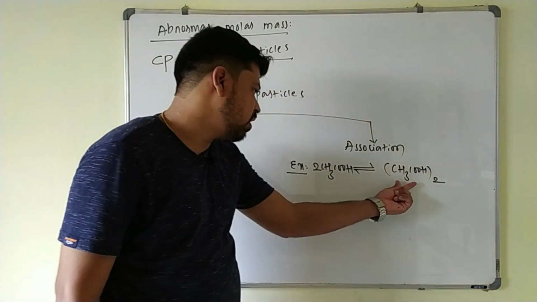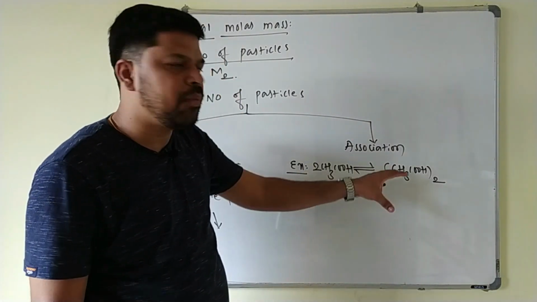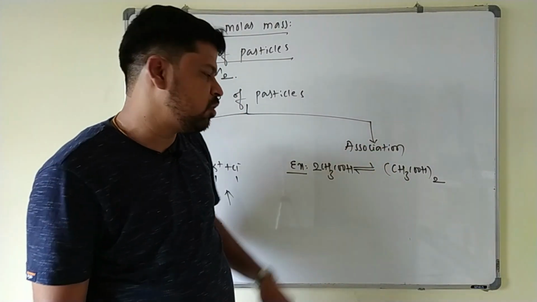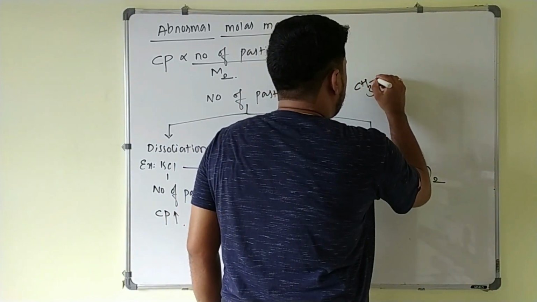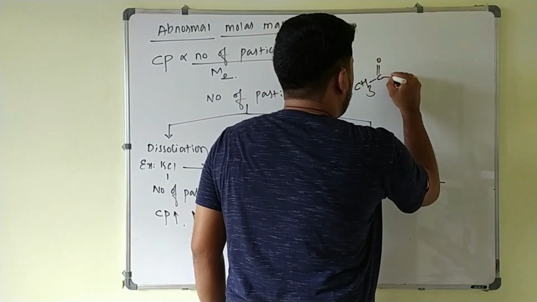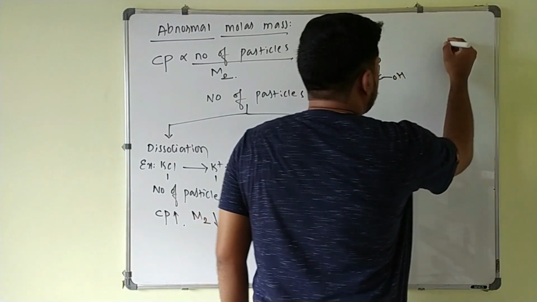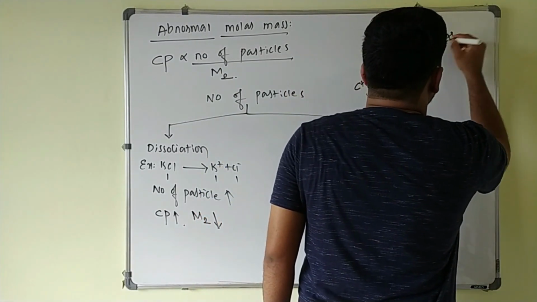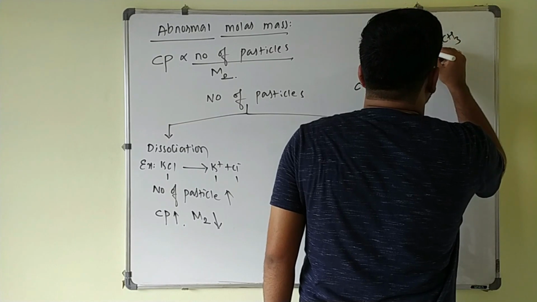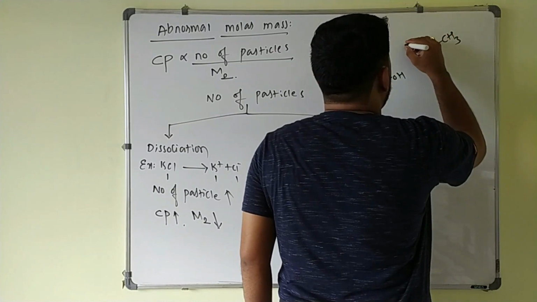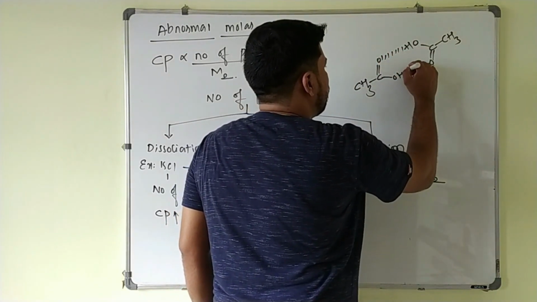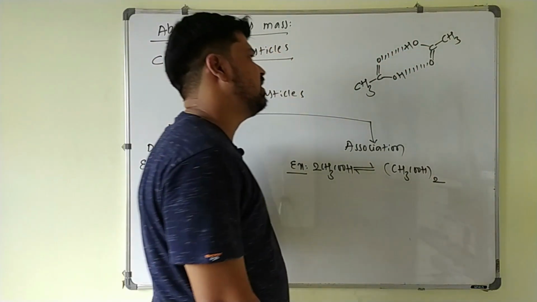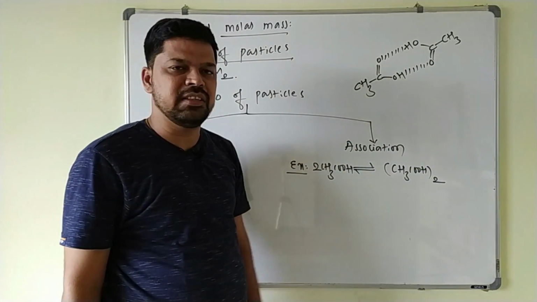So this is only one molecule and this is 2 molecules because it undergoes dimerization due to the formation of hydrogen bonding. Like if I write CH3 C double bond O OH, and this is your another acetic acid molecule. This is a C double bond O, this will be OH, so that there is a hydrogen bonding between the two molecules of acetic acid whenever it is added to the benzene.